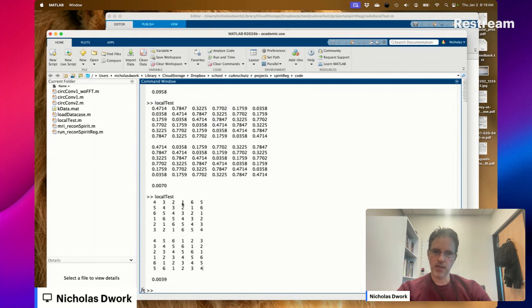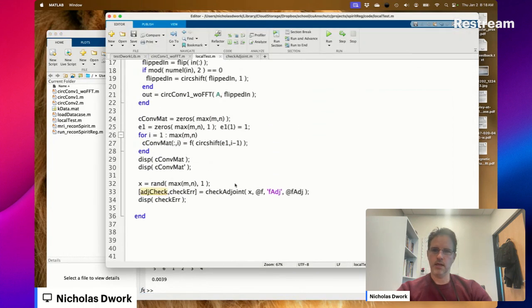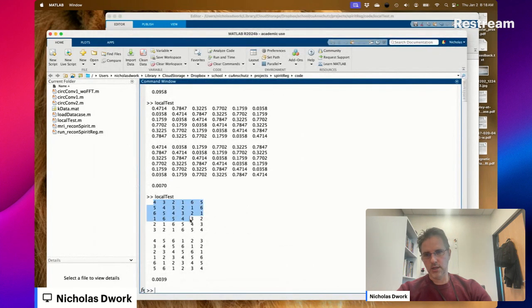So here, the kernel is 1, 2, 3, 4, 5, 6. And here, sure enough, the kernel is that flipped. What happens? So the transpose of the convolution matrix, the circular convolution matrix, is this.